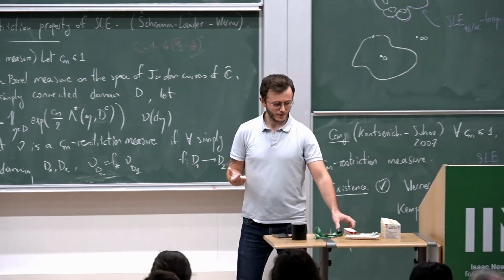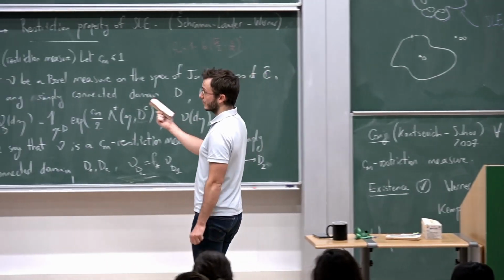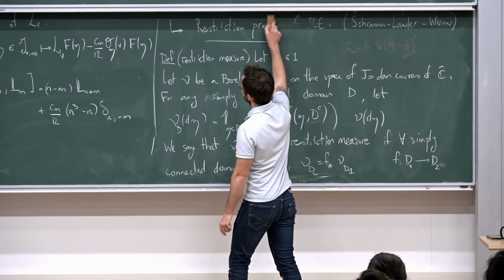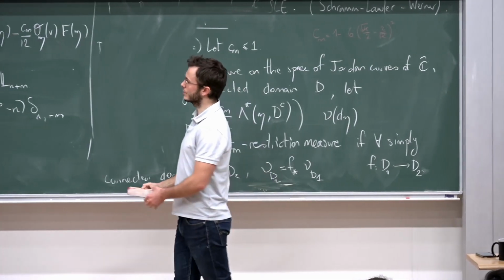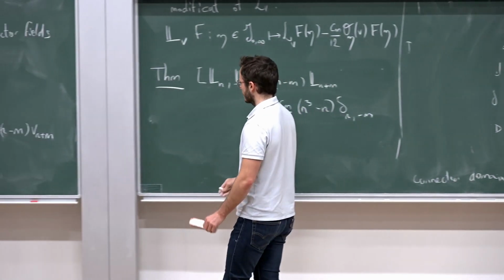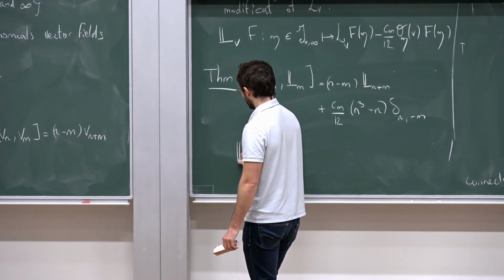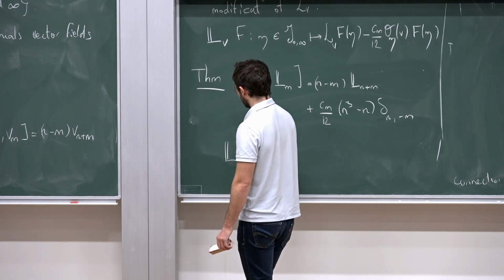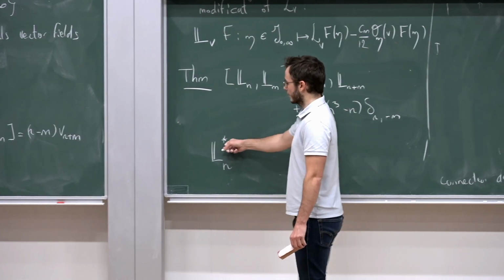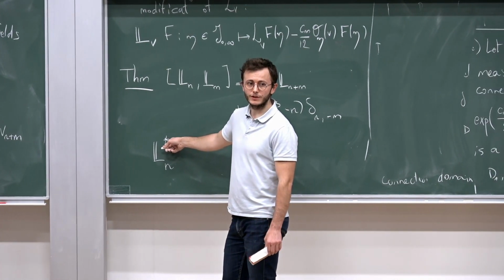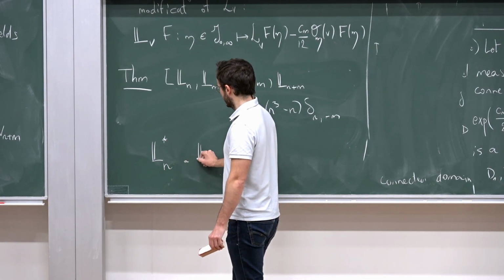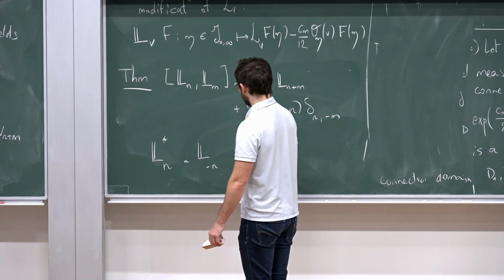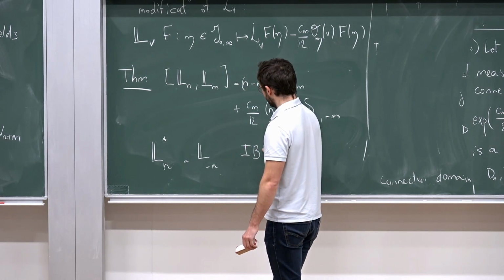And these operators are now very well suited to the measure nu, because basically what I'm going to say is that if I consider the adjoint, star being the adjoint for my L2 of nu inner product, I will simply get L minus n. So this will be my integration by parts.